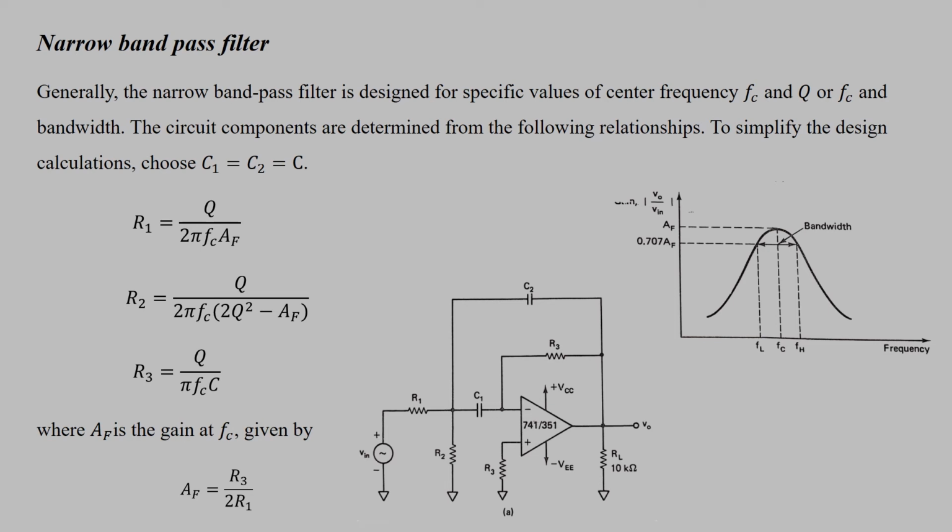Generally, the narrow band pass filter is designed for a specific value of center frequency and quality factor, or FC and bandwidth. The circuit components are determined from the relationships where we can design C1 equal to C2 equal to C. So we get R1 as Q, the quality factor, over 2 pi FC into AF.